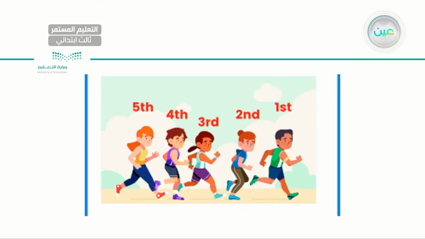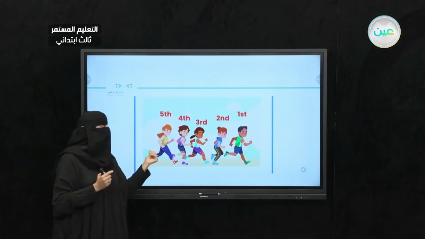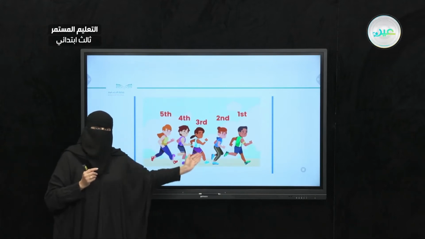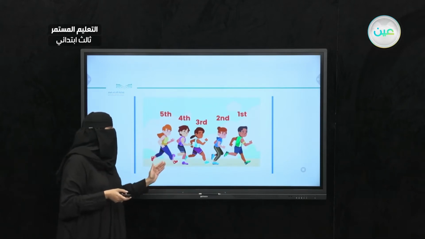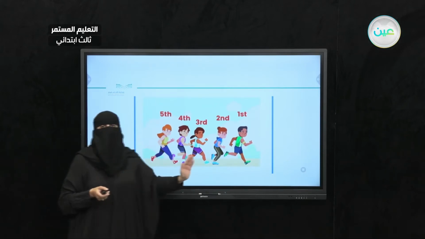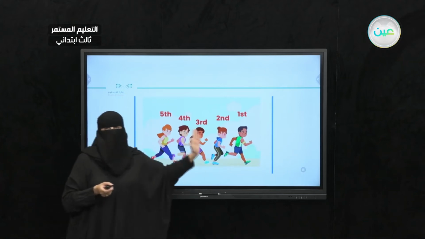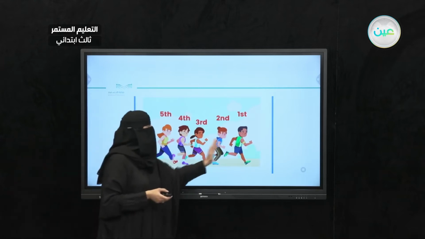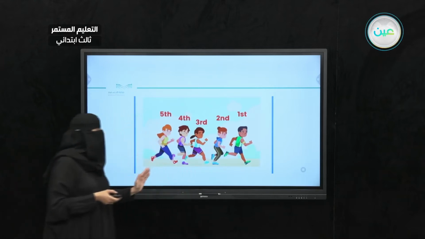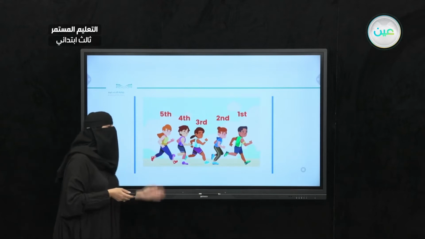He came first. Second one, I have the second one who's wearing blue. Third, fourth, and fifth. So here I'm focusing not on the number, but the place or the position of each and every player. First, second, third, fourth, and fifth.